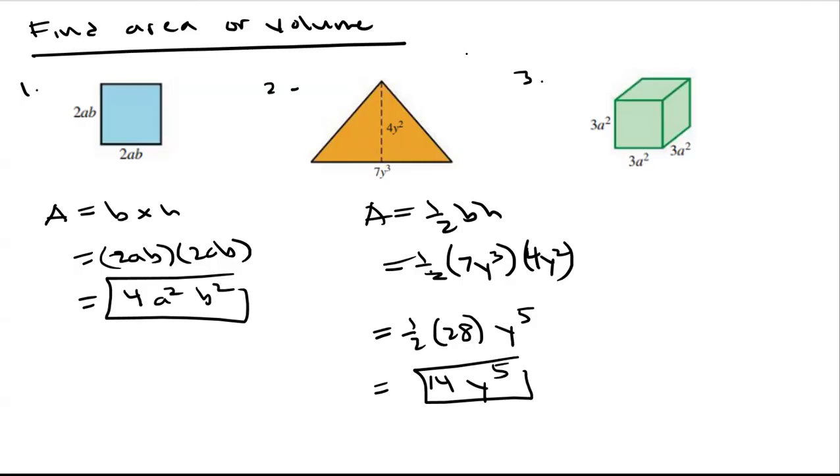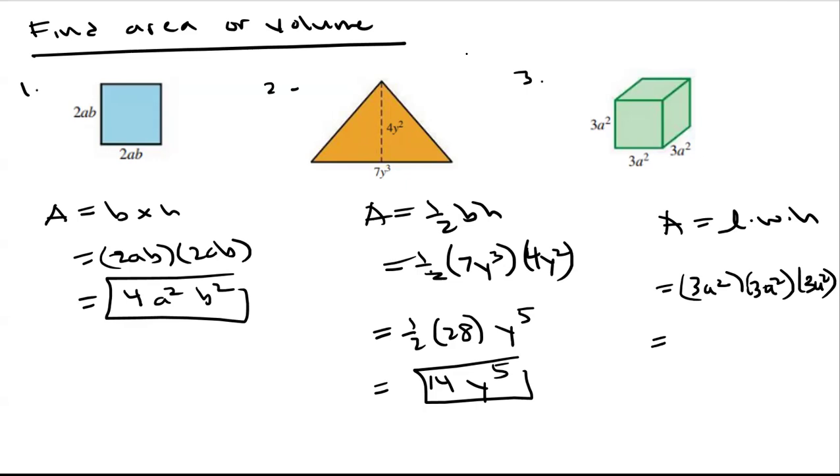Now for the last one, it's the volume, right? Because length times width times height. So you can apply that for a cube or a rectangular prism. So in this case, all of them are the same length because this is a cube. So there'll be 3a squared times 3a squared times 3a squared.